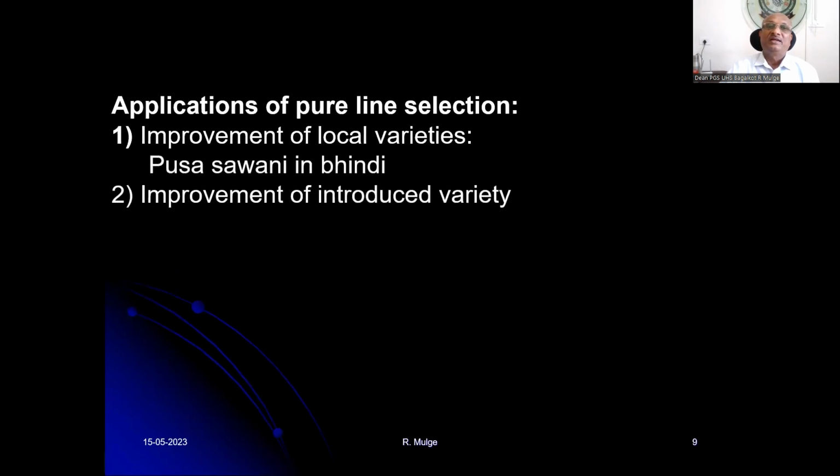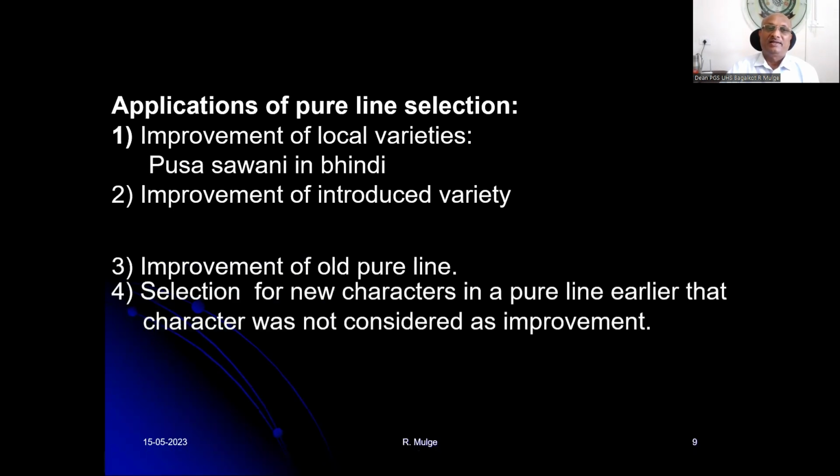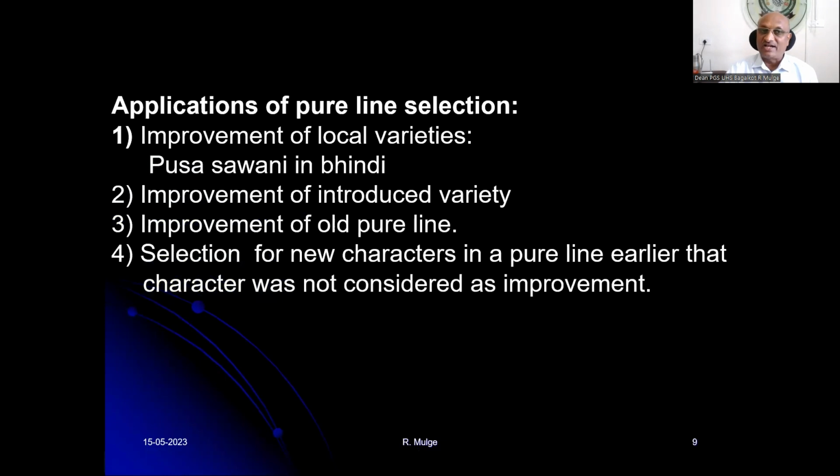Now the applications: the improvement of local varieties like Pusa Sawani and Bhendi, then improvement of introduced variety can follow this pure line selection. Improvement of old pure line, because time has passed, variation has accumulated there because of mutation or chromosomal aberration or mechanical mixture or natural hybridization.